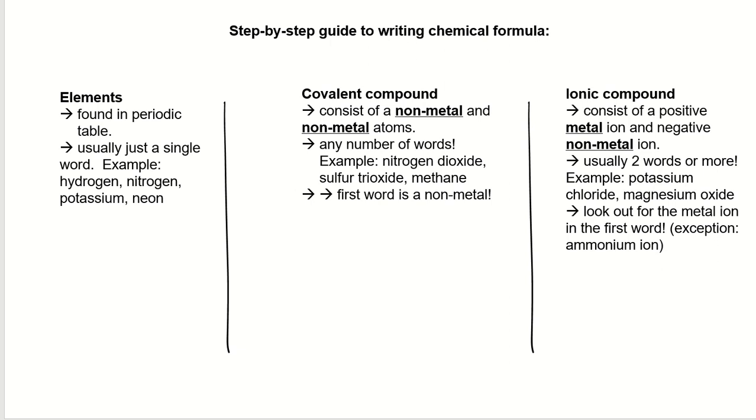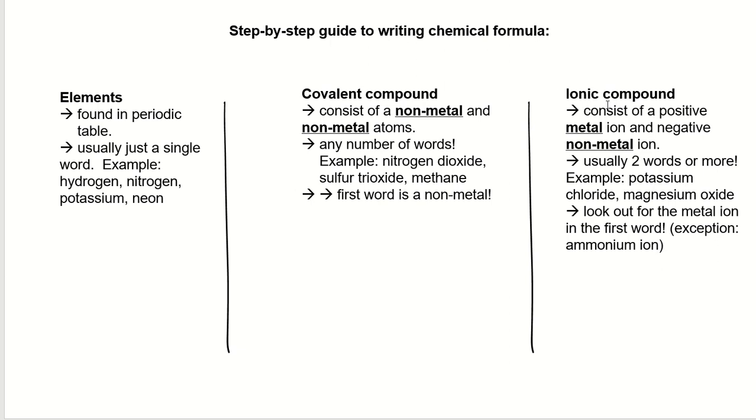So this is what we have gathered so far. Elements are usually just a single word found in your periodic table. Covalent compound consists of a non-metal and non-metal, and can contain any number of words. Just take a look at the first word. If the name of the compound has 2 words, you should be able to determine whether or not it is a covalent compound.